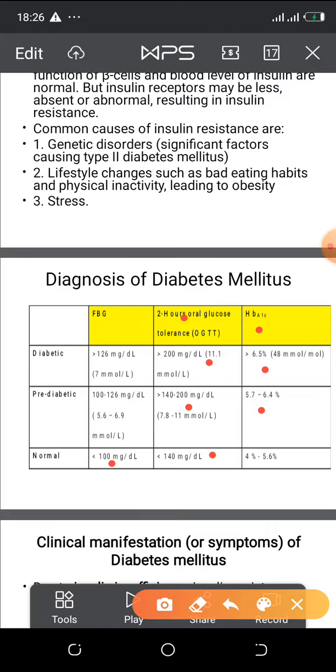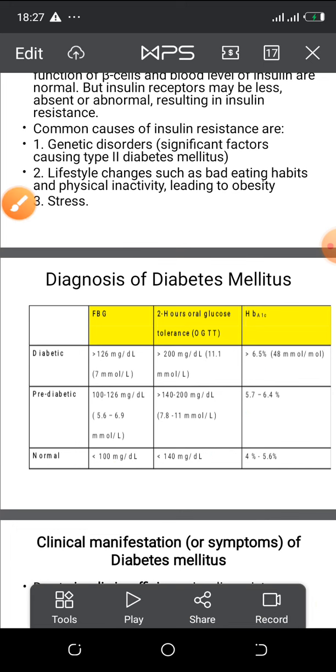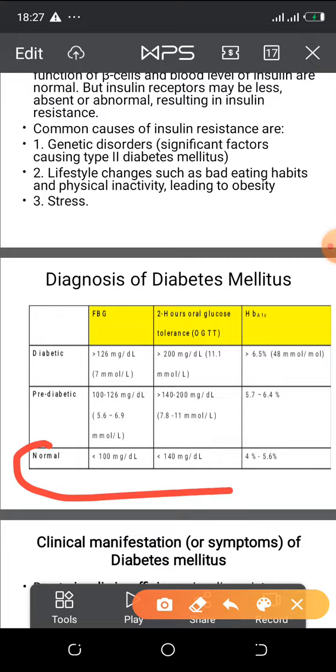In pre-diabetes, that is before onset of diabetes, it is between 5.7 to 6.4%. But in a normal person, yes, there's some glycation of hemoglobin, but it's between 4% to 5.6%. So it's important to compare the normal to the abnormal. As a physiology class, we are interested in understanding the normal before we can appreciate the pathology.